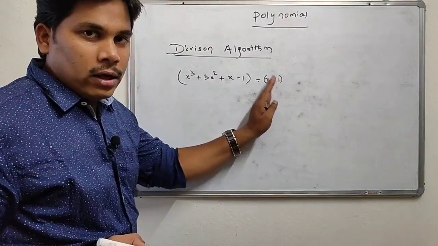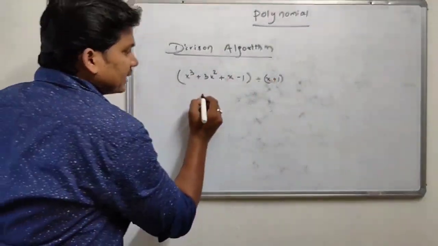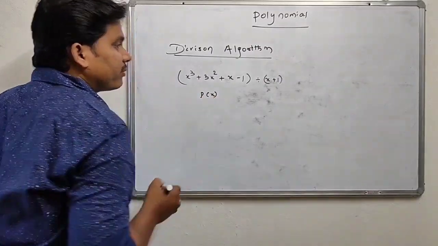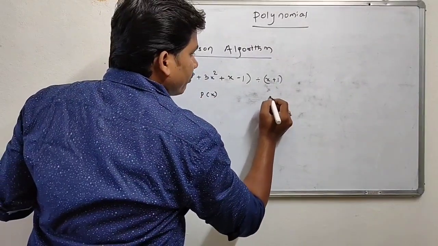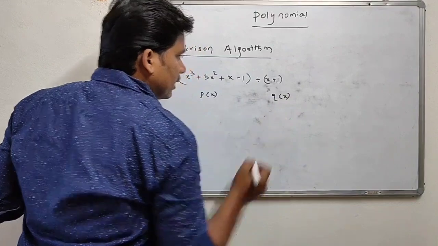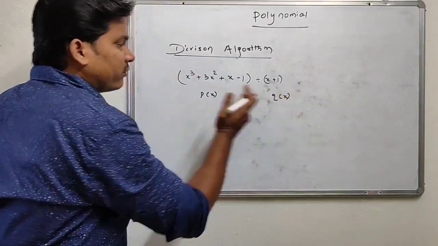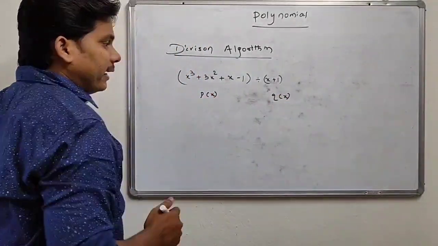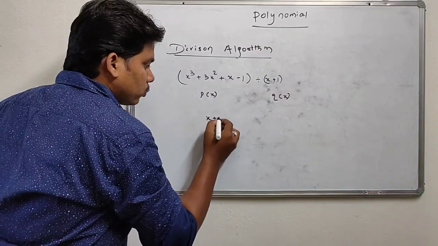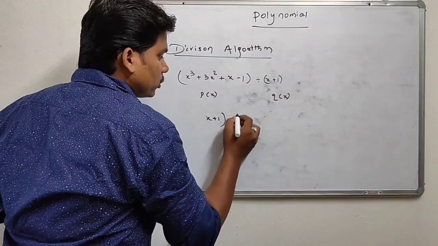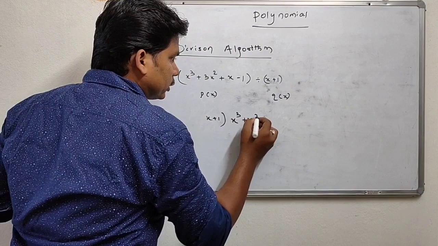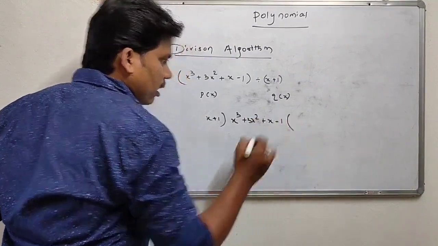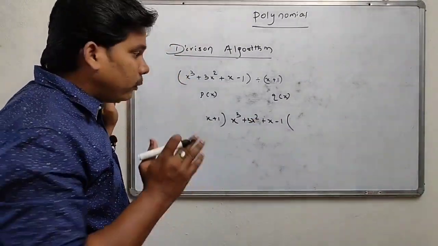This is also a polynomial of variable x. I will represent this polynomial as q(x), and this one as p(x). I will divide x cube plus 3x square plus x minus 1 by x plus 1. What do I have to do here?